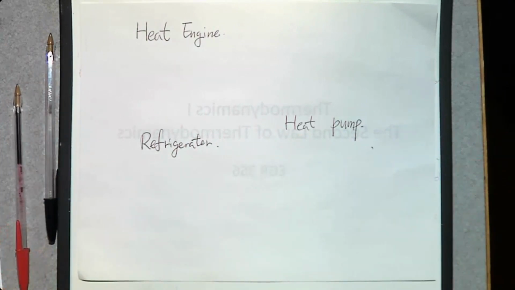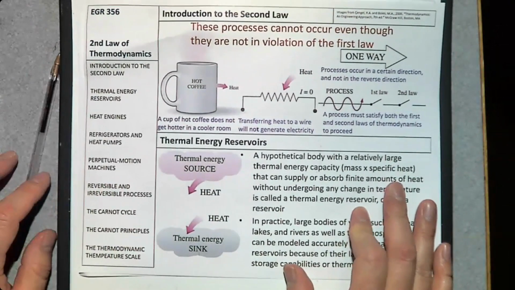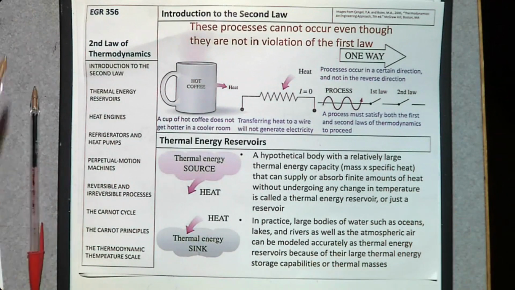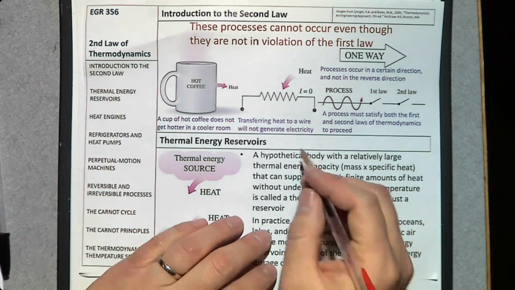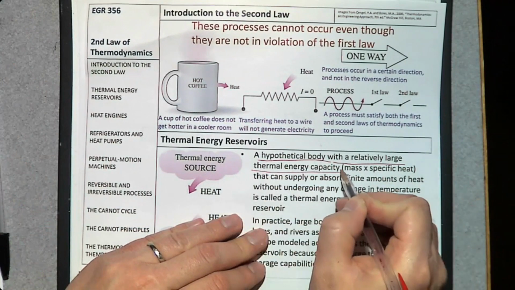And to understand heat engine, refrigerator, and heat pump, we are going to use a new concept which is called thermal energy reservoirs. Thermal energy reservoirs are hypothetical bodies with a relatively large thermal energy capacity.